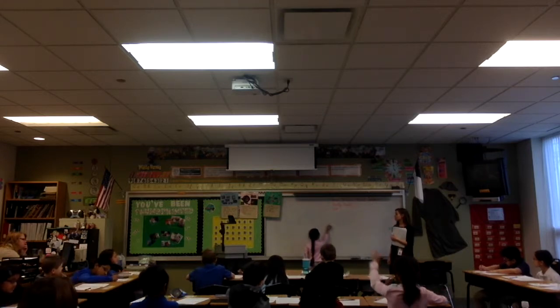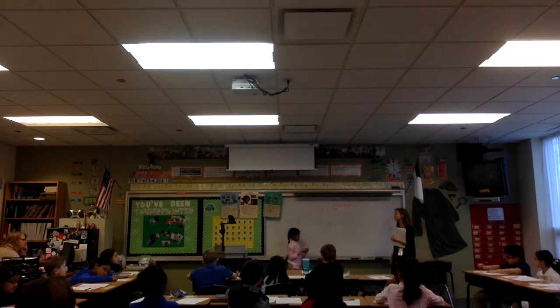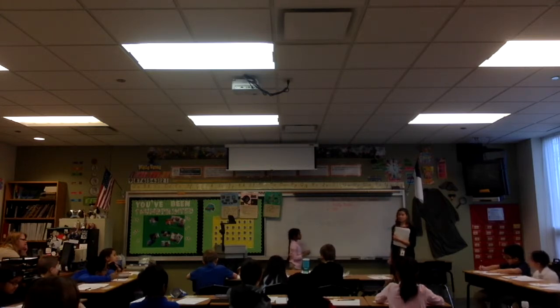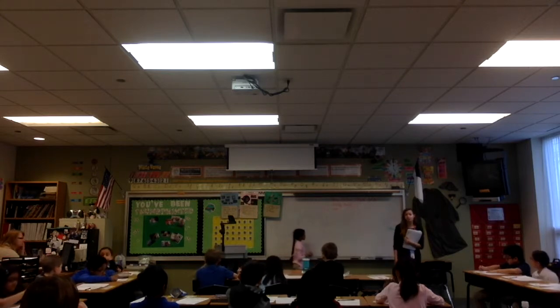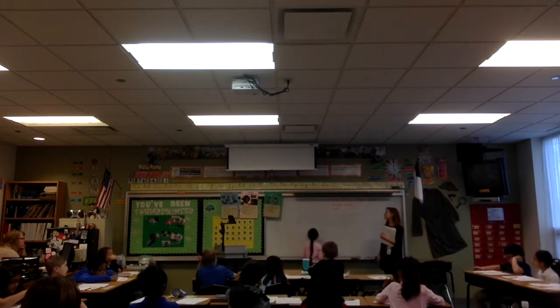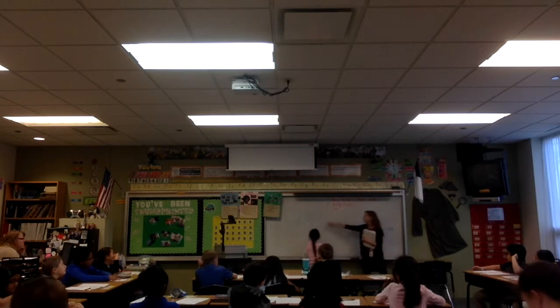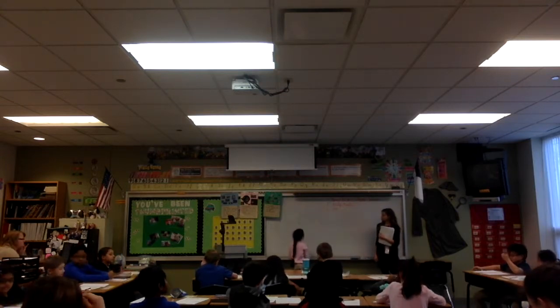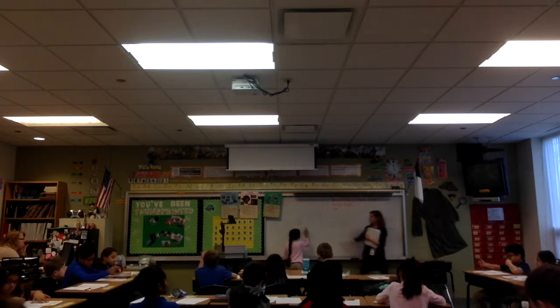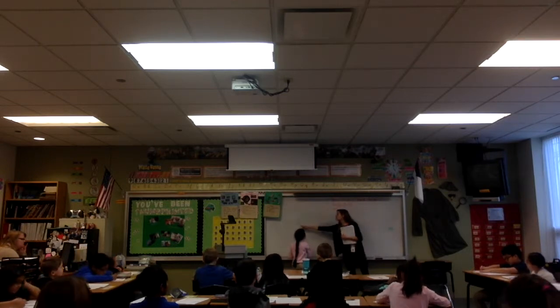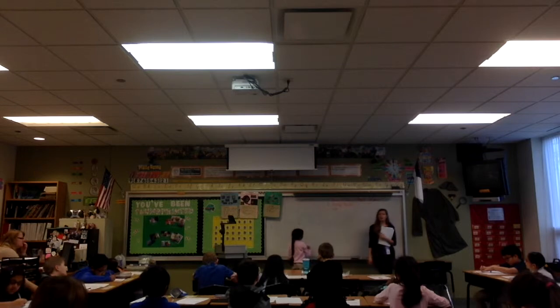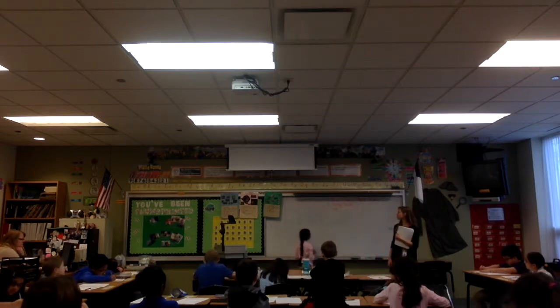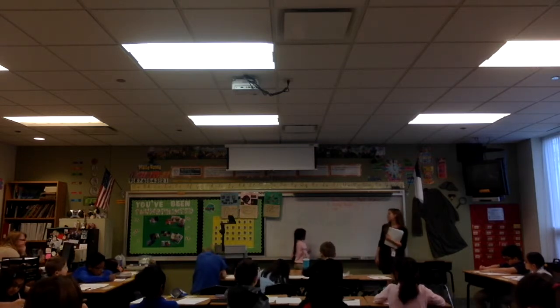All right, stop right there, Joy. Can you turn around and tell everyone what you just did? She brought down the problem, and she knew that 33 divided by 3 is 11. And then what did you do next, Joy? What did you do with these numbers? And first, what did you do with the 2? Yeah, she brought down the 2, the multiplication sign, the plus sign, and the 7.